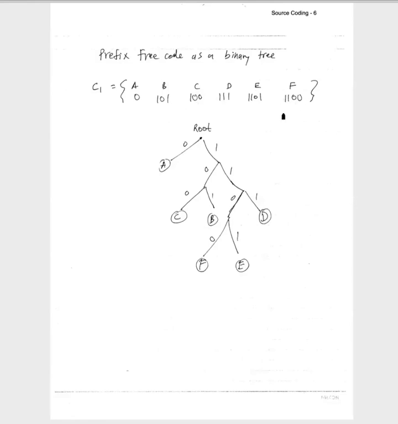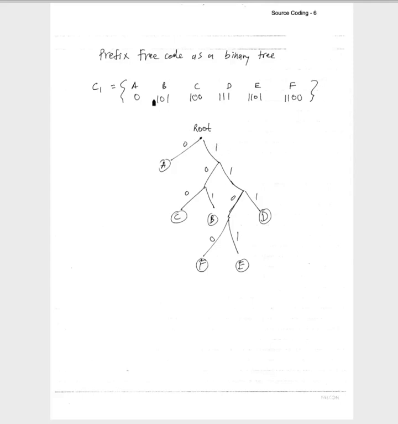That means there's a split from the root, 0 and 1. 0 will be a leaf node because no other code words start with 0, and that's symbol A. But every other code word, B, C, D, E, and F, will come from the second branch because they all start with 1, right? So we see immediately that there's a split at the root, a 0-1 split.